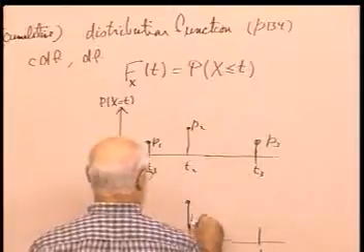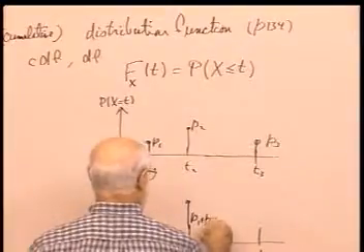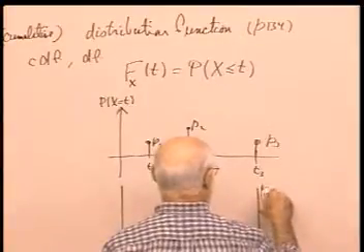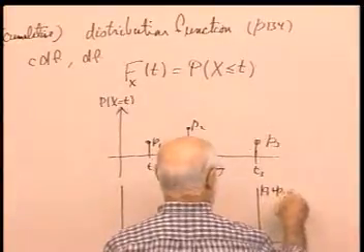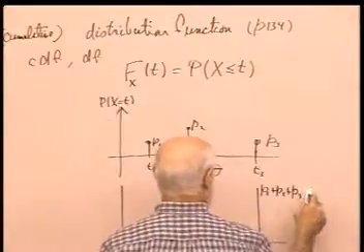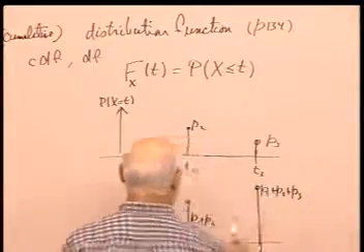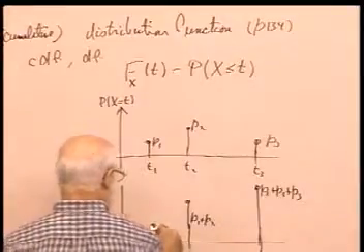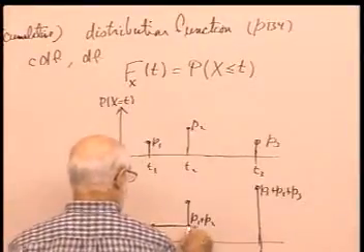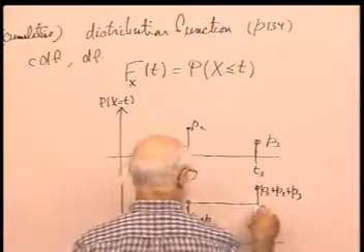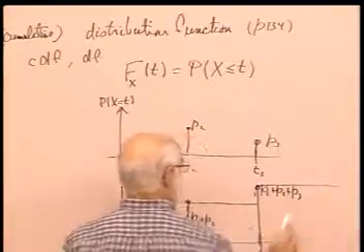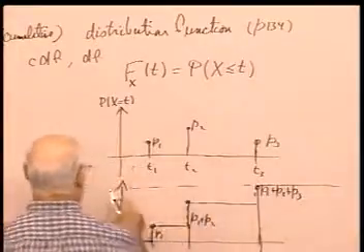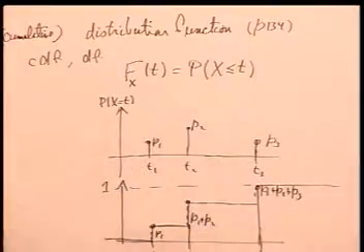So this height now is P1 plus P2, and the height at this point would be P1 plus P2 plus P3. And if there are only 3 of them, that must add up to 1, so the graph would look like this. 0, and a discontinuity, then a constant step, and a discontinuity, and a constant step, and a discontinuity there. And the final value is necessarily 1 because it's the sum of all the probabilities.